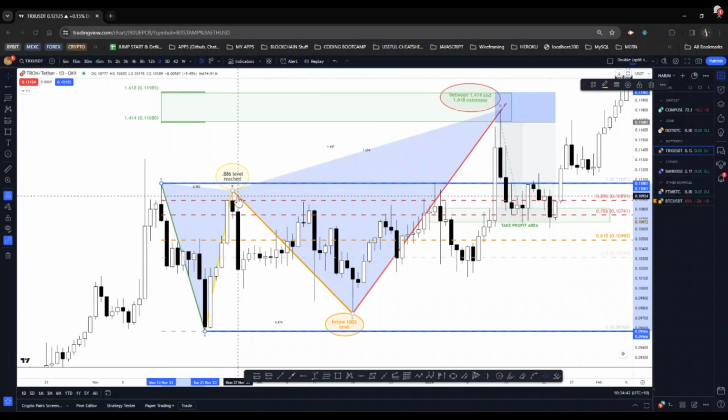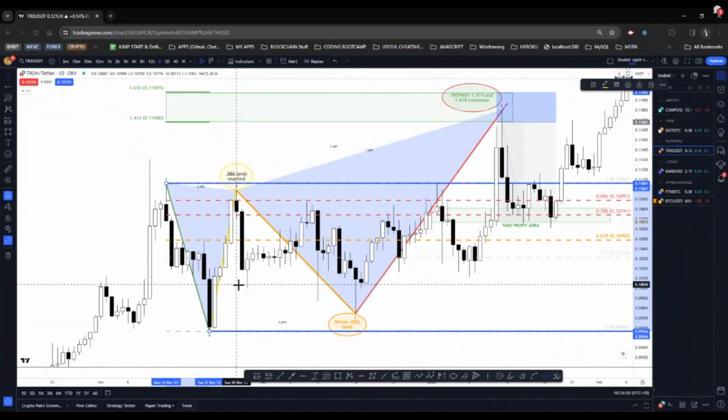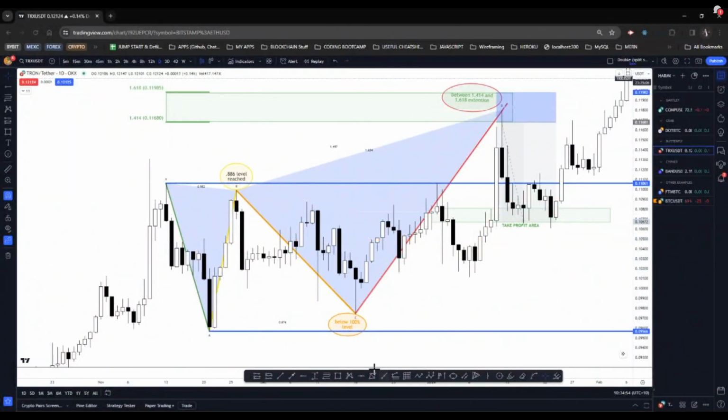Immediately, I know that this could be a butterfly pattern. When it starts to move down, you obviously want to look for the market not failing below this line again. So everything needs to stay within X to A until the next leg, which is the C to D.